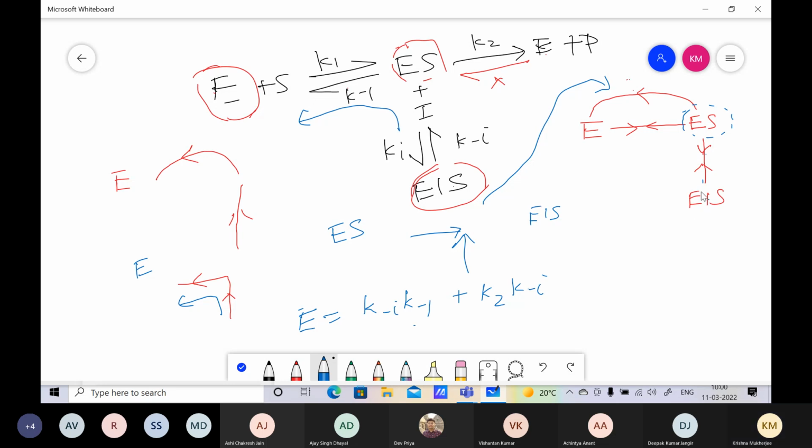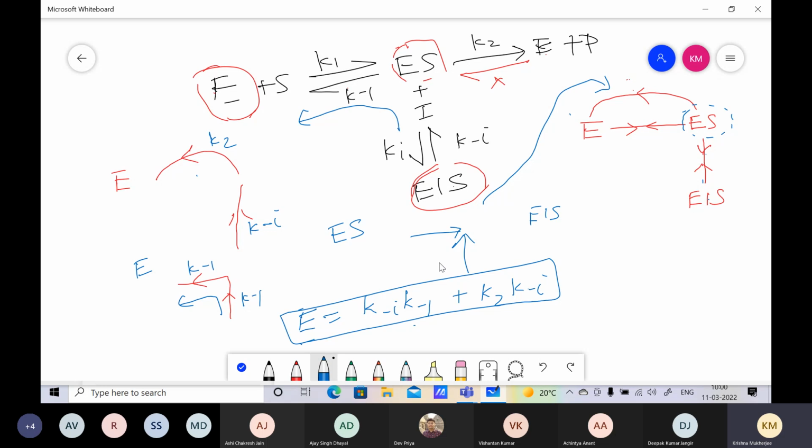And the other is Ki into K2. That is it, right? These are the two ways of forming. This is K2. This is K minus I, and this is K minus 1, and this is K minus I. और तो कोई है नहीं कुछ. ठीक है? Is this all right?